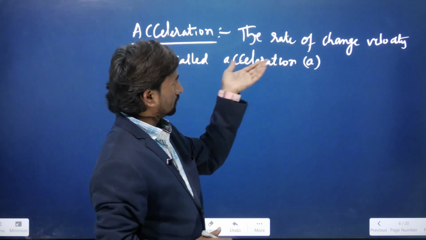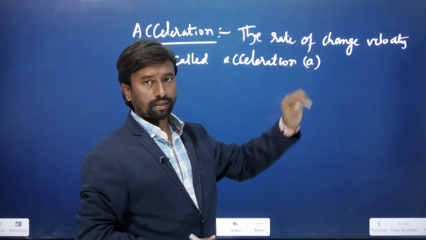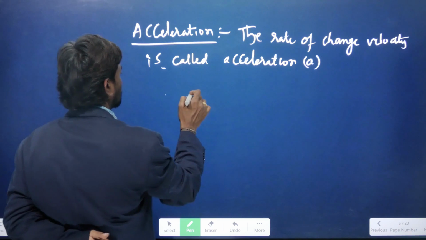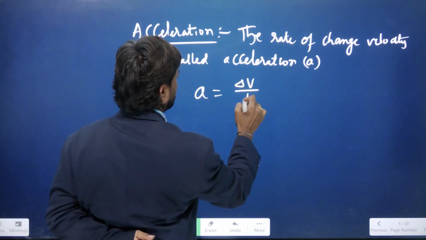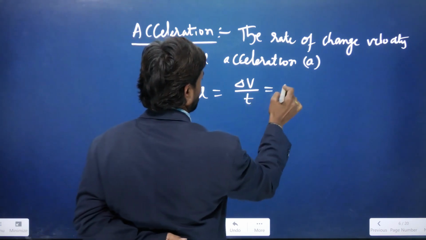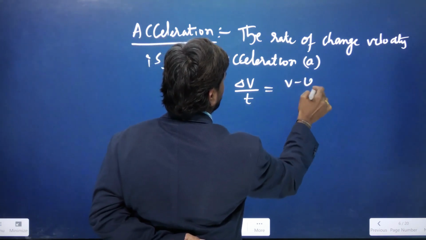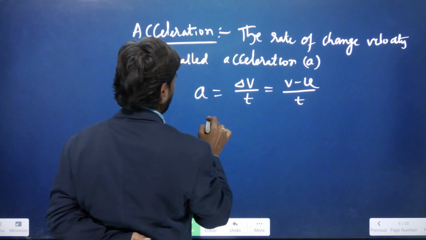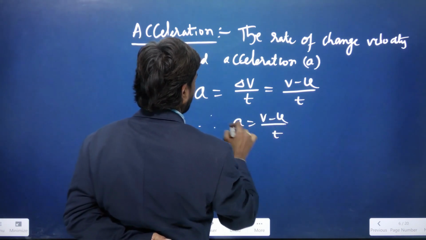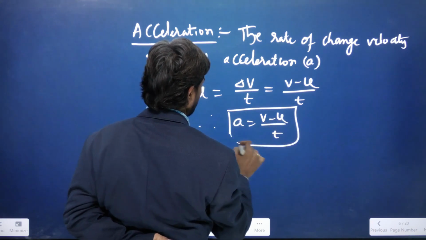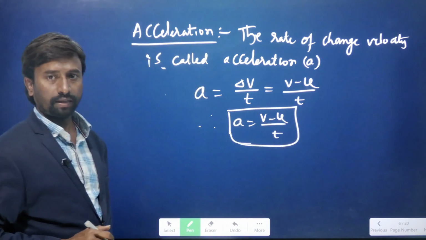Here, change in velocity is divided by the time, so that is called the acceleration. Then A is equal to delta V divided by T, which is V minus U by T. Therefore A equals V minus U by T is the expression for acceleration.